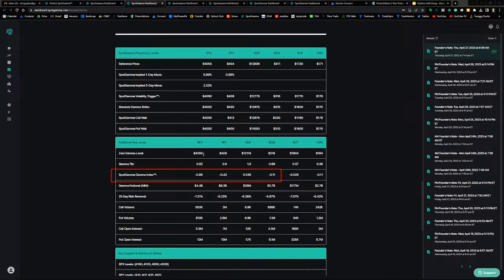So at the start of the day today for SPX, SPY, NDX, and QQQ, these were the values for the Spotgamma Gamma Index. And again, negative for SPX, SPY, and QQQ. And I primarily look at this number for SPX.